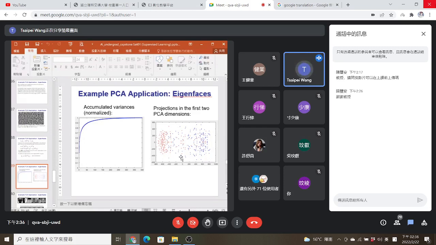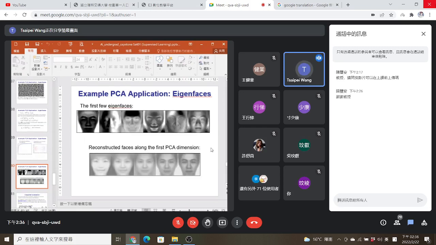That's a projection of the samples along the first two dimensions, after the transformation, the first two principal components. And those are reconstructions. The top row are the examples of the eigenfaces, which are the first few eigenvectors, and you put them back into 40 by 40 images that look like those.